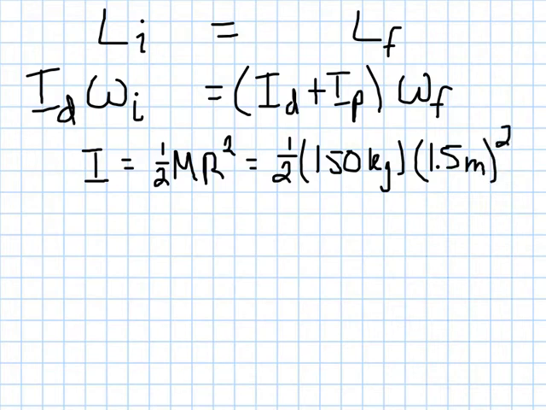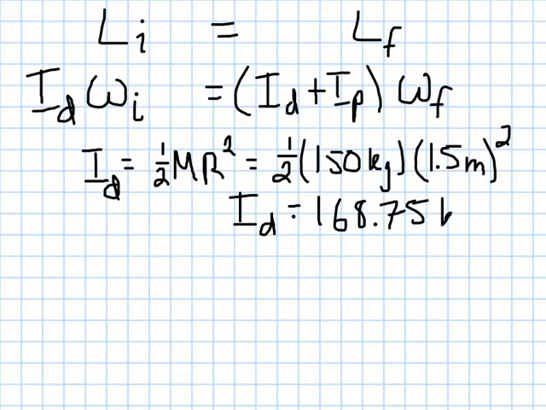We will square that. So the moment of inertia of the disk is going to be 168.75 kilograms meters squared.